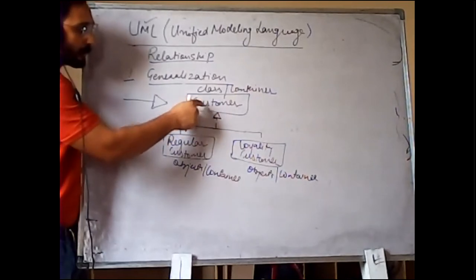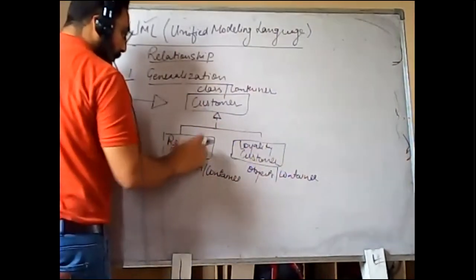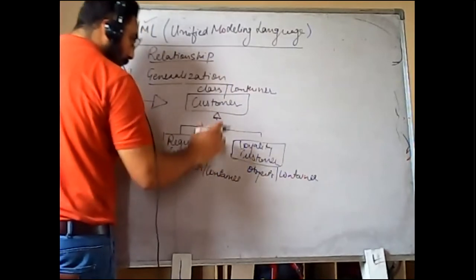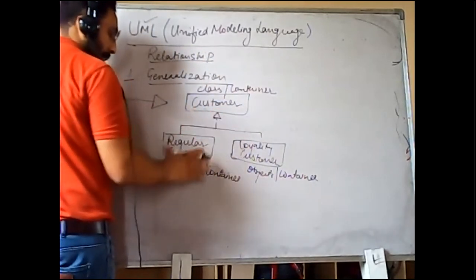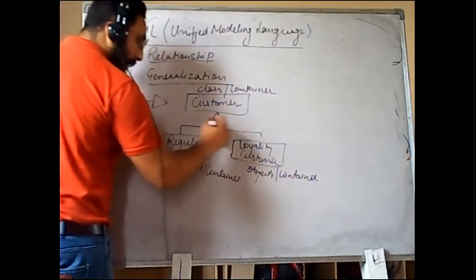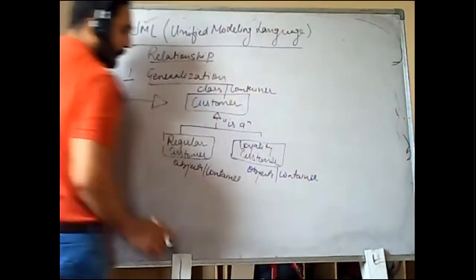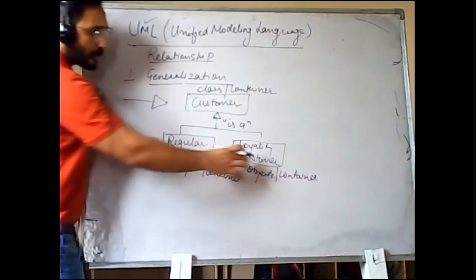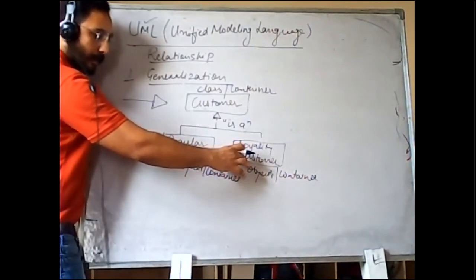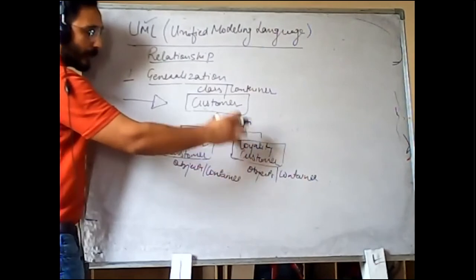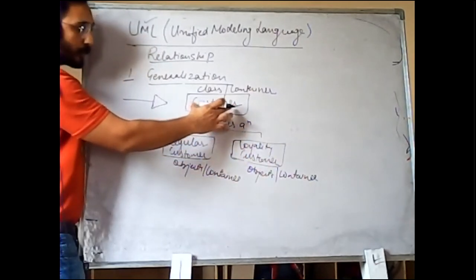Okay, this is your generalization. Customer is a parent class, and these are the object classes, and this is also known as an is-a relationship. Regular customer is your object, and it is directly related to your customer.